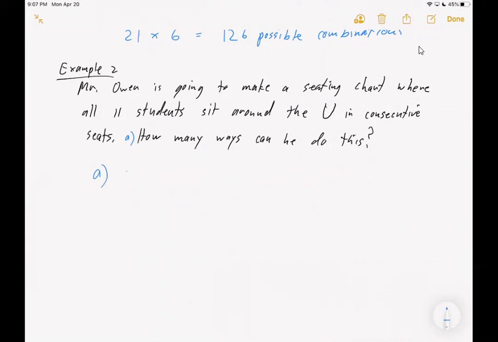This would be the permutation of 11 things taken 11 at a time, which is just 11 factorial over 0 factorial, or 11 factorial. In fact, you probably could have said, well, there were 11 people to pick for the first seat. There are 10 left for the second seat, and so on. So the answer is 11 factorial ways. I'm not going to compute that. That's going to be a very, very large number of ways that he could do that.